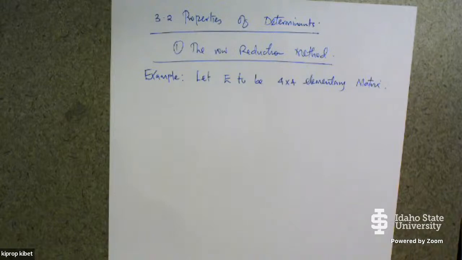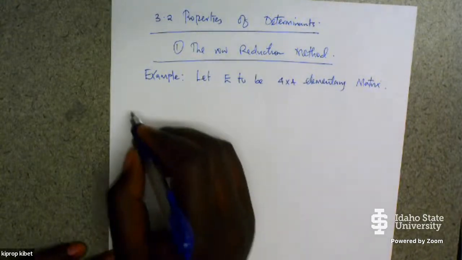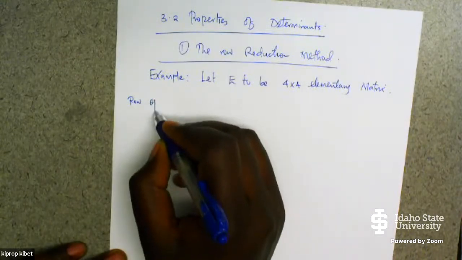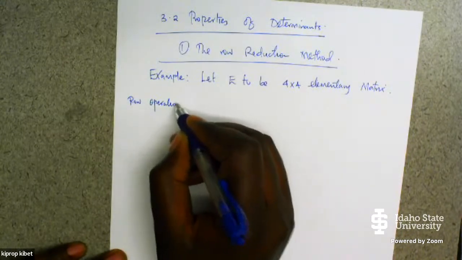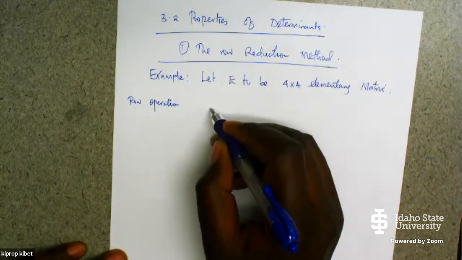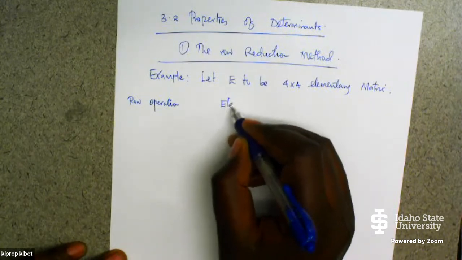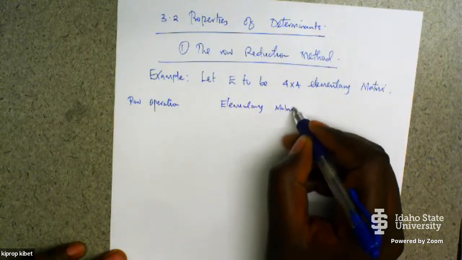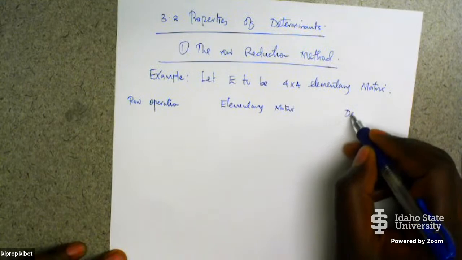So we form what we call the elementary matrix, and then we take the determinant.